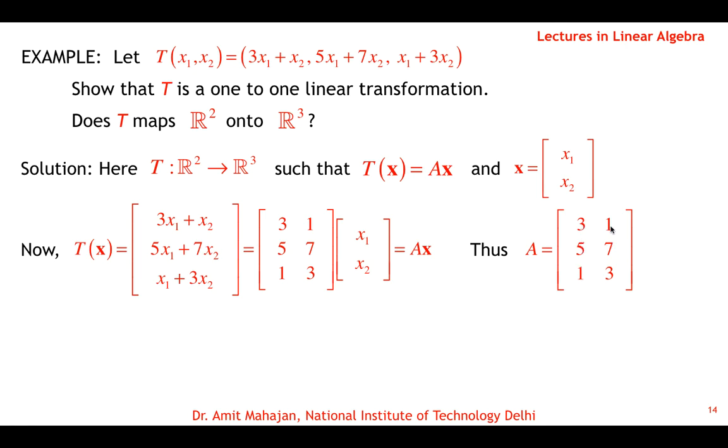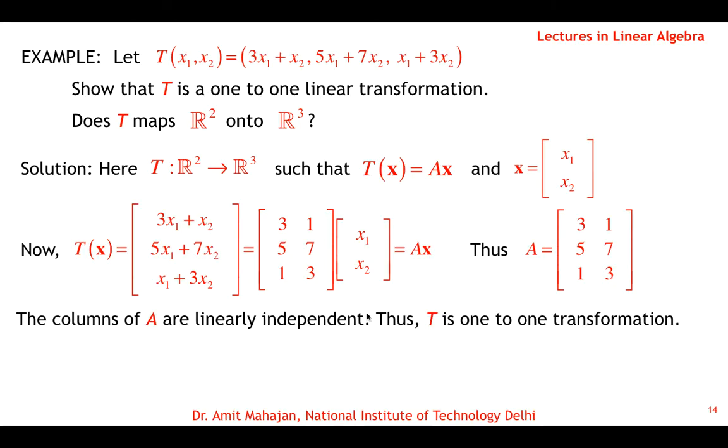Clearly you can see that the columns are non-zero, and the second column is not a multiple of the first, and obviously the first is not a multiple of the second because they are non-zero columns. So the columns are linearly independent and hence the transformation is definitely one-to-one. So the first result is simple and easy.